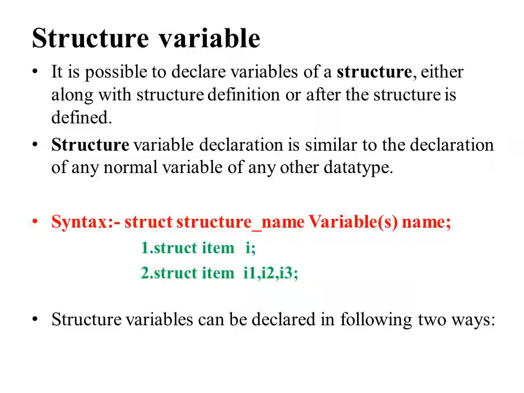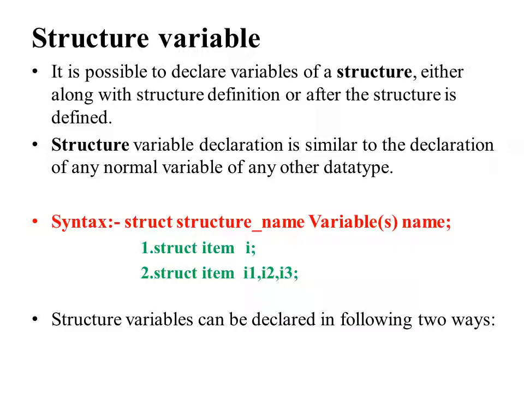It is possible to declare the variables of a structure either along with the structure definition or after the structure definition. Structure variables are declared in a similar way to the declaration of normal variables of any other data type. So the syntax for the declaration of a structure variable is that, first of all, you mention the structure name, then it is followed by the variable name.